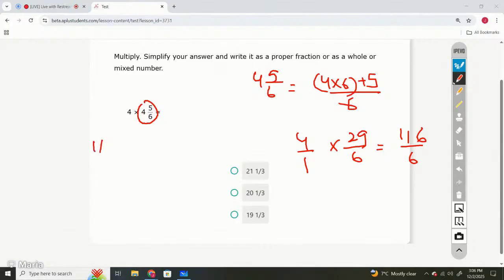So now let's just divide 116 by 6. 6 times 1 is 6. 11 take away 6 is 5. Bring 6 down. Now you need to count the table of 6 until 56.